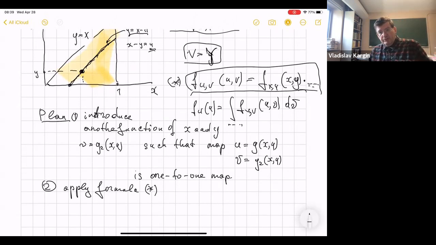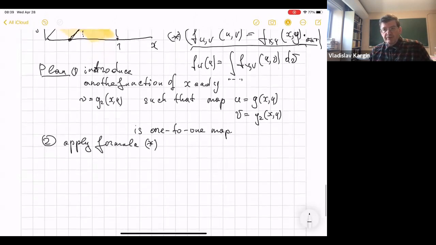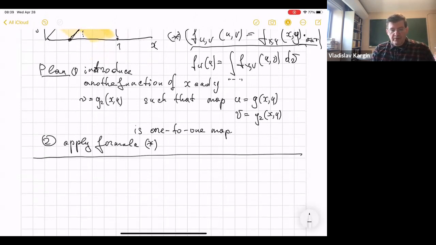We'll need to specify exactly what this formula star is, because there are some unknown things here. So let us first of all write down what this formula star is in more detail.